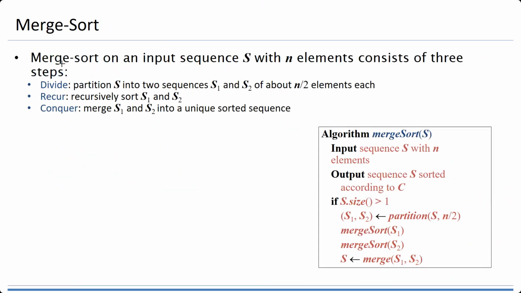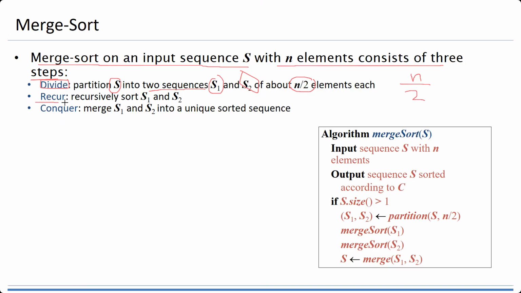Merge sort on an input sequence S with n elements consists of three steps. First, we will divide. Divide means we partition S into two sequences, S1 and S2, and the elements will be divided into two, so n divided by 2.